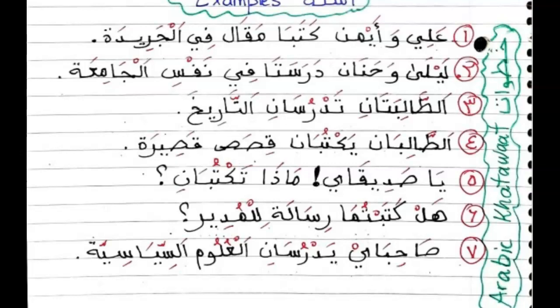Let's do this. So the examples are, the first one, الجملة الأولى. علي وأيمن كتبا مقال في الجريدة. ليلى وحنان درستا في نفس الجامعة. الطالبتان تدرسان التاريخ. الطالبان يكتبان قصص قصيرة. يا صديقاي, ماذا تكتبان؟ And we can say ماذا تكتبا.